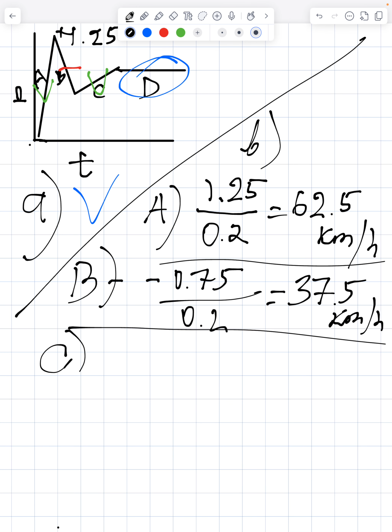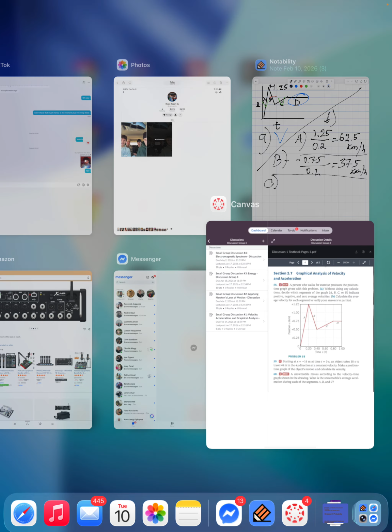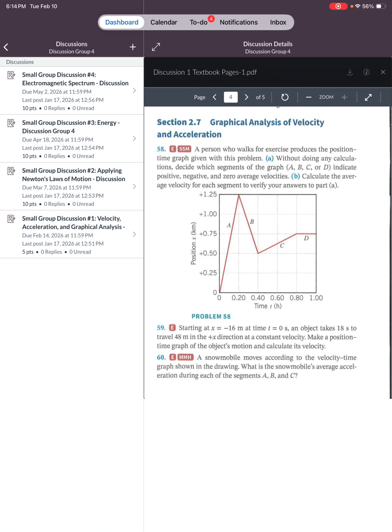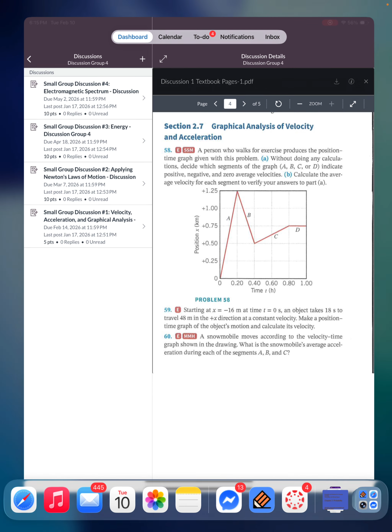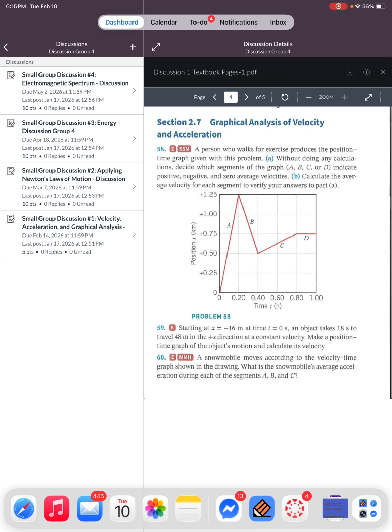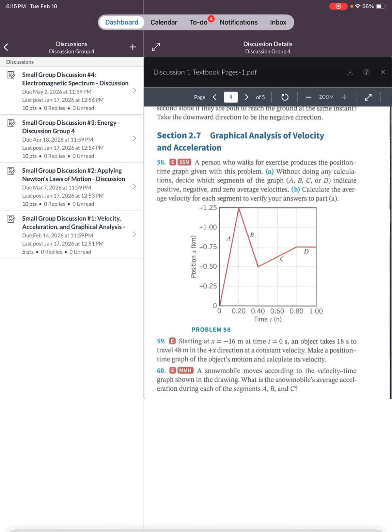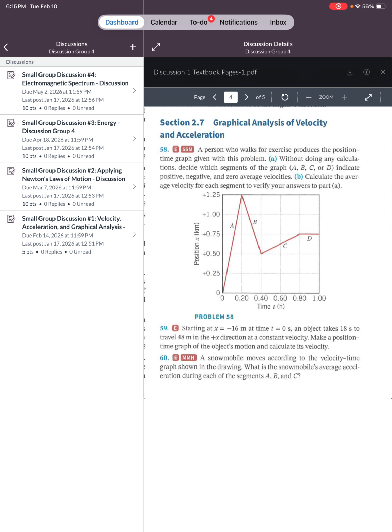Part C. Let's see what it is. Part C is going upward from 0.50 to 0.75. So there's going to be 0.25 units, right? Yeah, 0.25, and the time is going to be 0.4. Right here, if we drop it down, it's going to be 0.4 hours.